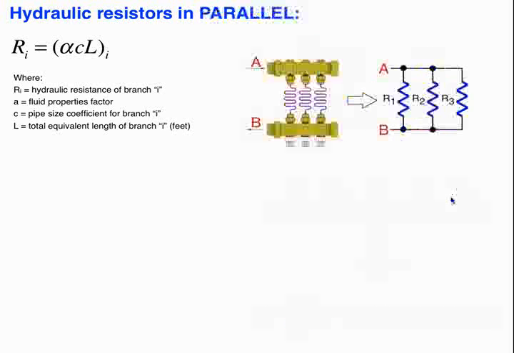Okay? When you have them in parallel, it's a little more complicated, but still doable. Here's a manifold with three radiant panel circuits. Now, hypothetically, these could be different sizes of tube, although that's not very common, but they can certainly be different lengths. And let's say it's 100 feet, 200 feet, and 300 feet.